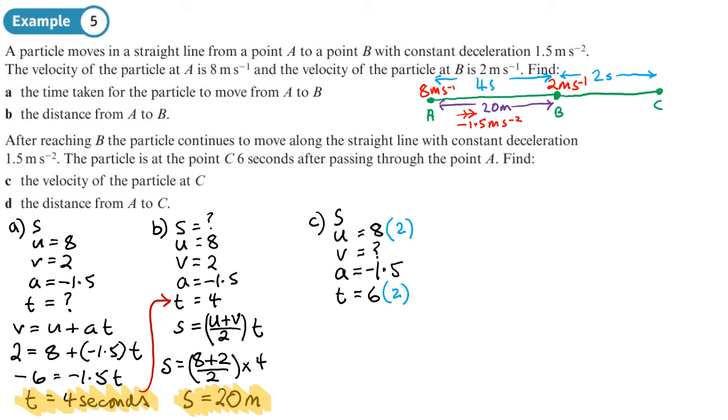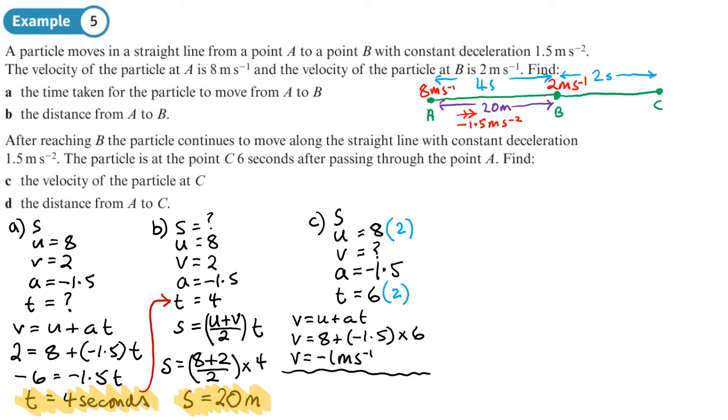And actually I might work it out both ways and show you, one in blue and one in black. So taking the initial velocity at A, V equals U plus AT. So V equals 8 plus negative 1.5 times 6. So that will basically give me 8 minus 9. That will give me V equals negative 1. That basically means it's now moving in the opposite direction.